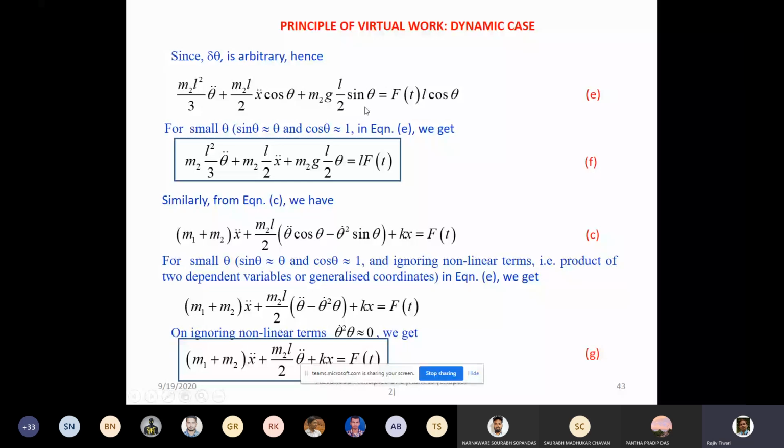Now we'll linearize it. We assume the displacement is small, theta is small. When theta is small, we can approximate sin theta as theta and cos theta as 1. If you see the sin theta expansion, it contains the first term theta, then theta cubed and theta raised to 5, those terms.